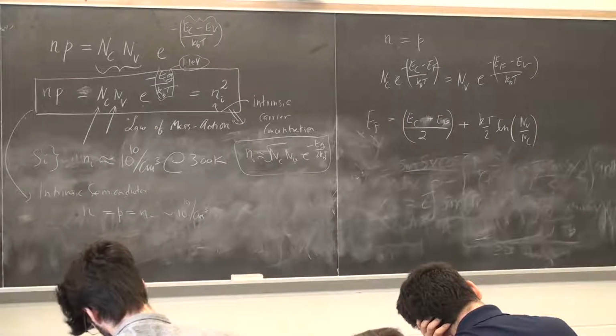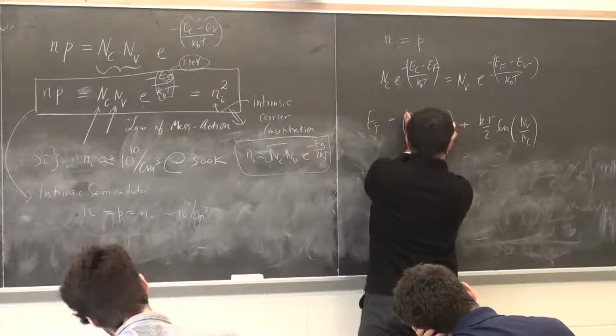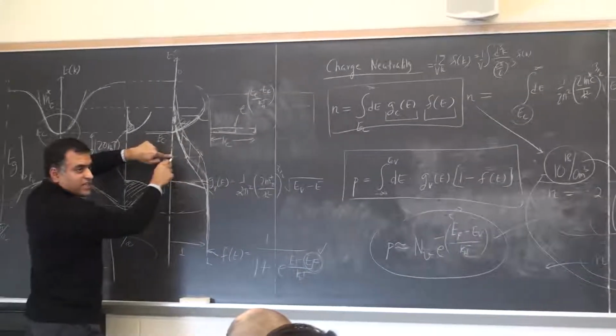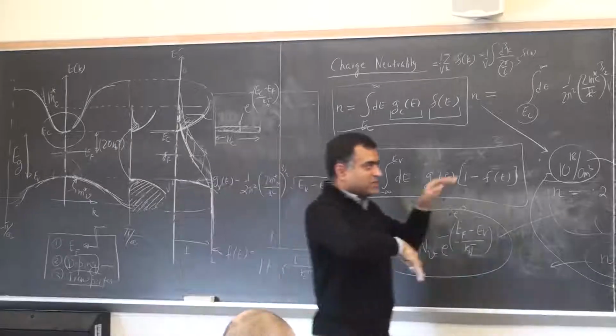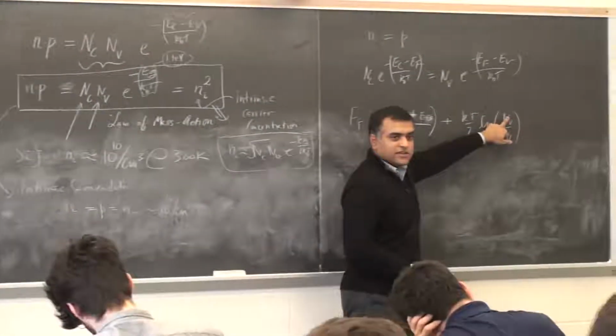So essentially what it's saying is the Fermi level is at the middle of EC and EV, (EC plus EV) by 2, but then there's a little mismatch factor, and the mismatch factor is the logarithmic ratio of the density of states.